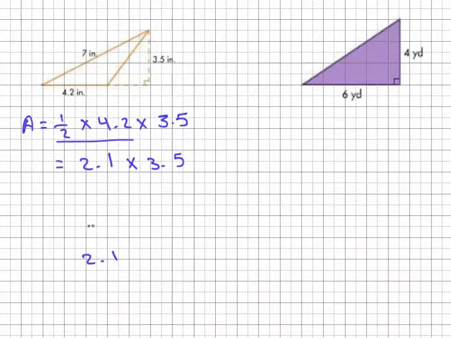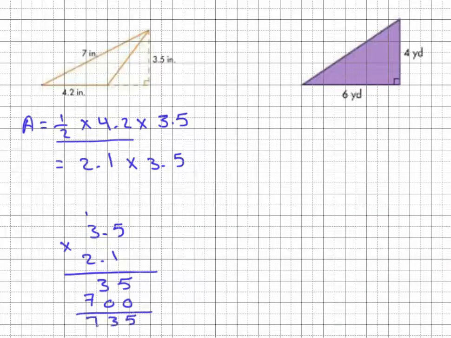We can take it here and find the answer. 2.1 multiplied by 3.5 and multiply them both. 1 times 5, the answer is 5. 1 times 3, 3. Put 0 before you multiply 2. 2 multiplied by 5, 10. Carry up 1. 2 multiplied by 3 is 6 plus 1, 7. The answer here is 5, 3, 7.